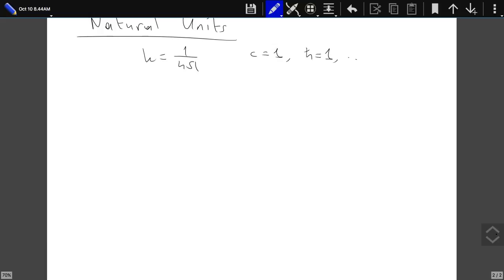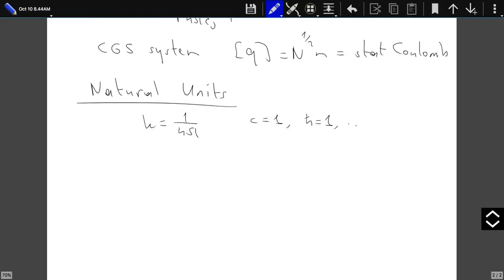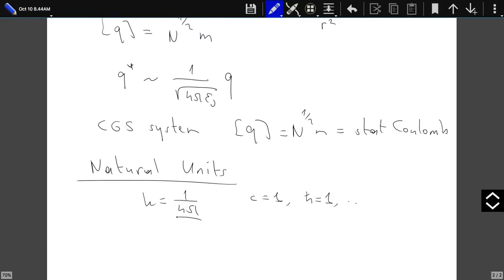Why? What is this surface of a sphere? You see, you have your 4 pi, and you also have the r squared in the 1 over 4 pi r squared law, both in gravity and also in electromagnetism.